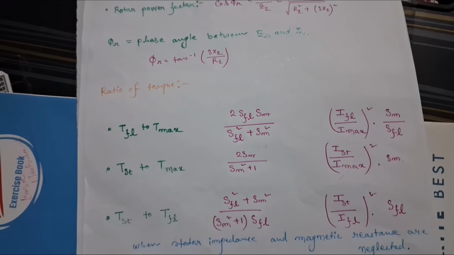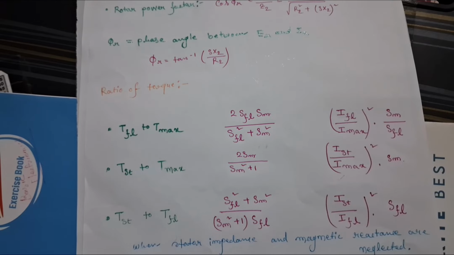Then you have to remember the formula of the ratio between starting torque and full load torque. The formula is (S_FL squared plus S_M squared) divided by (S_M squared plus 1) into S_FL. There is another formula of the ratio between starting torque and full load torque.